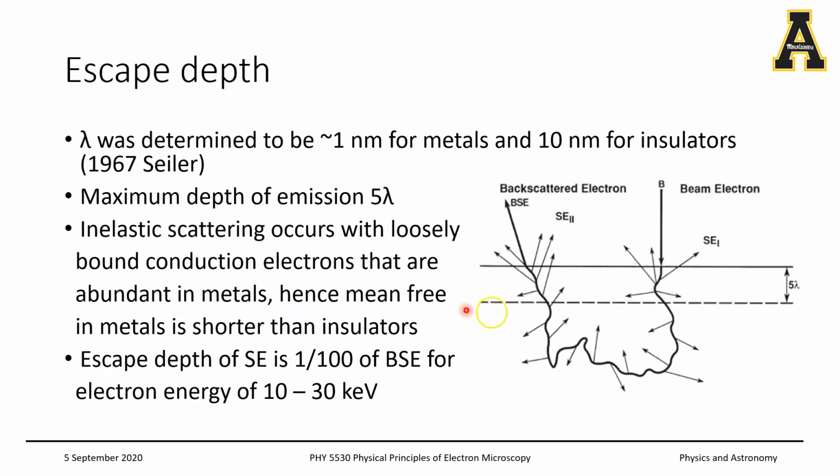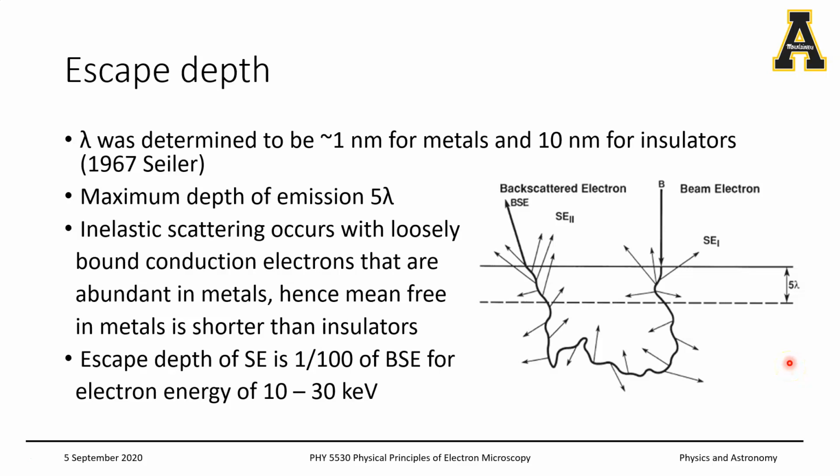So that is the 5 lambda that is shown here schematically. You are basically collecting and detecting the electrons only generated within a depth of 5 lambda in case of the metal, which is about 5 nanometers. But if it is an insulator, this can be as large as 50 nanometers.